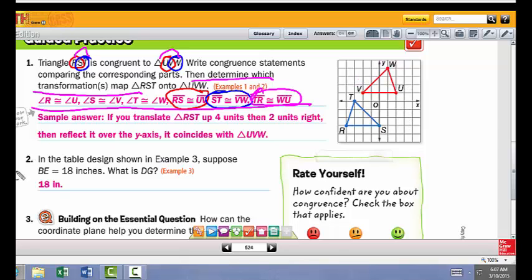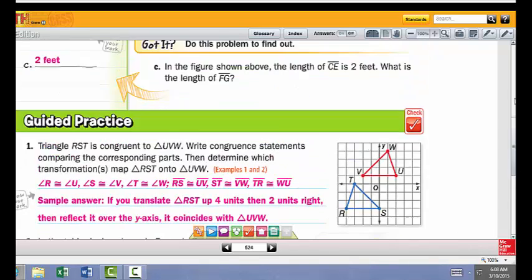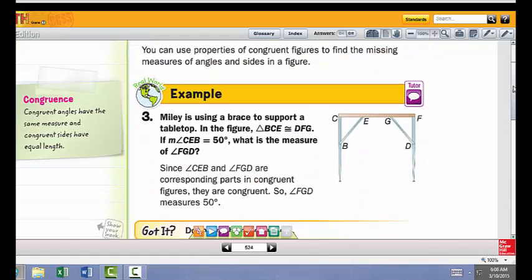Now let's take a look at problem number 2. In the table design shown in example 3, suppose BE is 18 inches. What is DG? So let's move up there. So BE, remember, is 8 inches. So they want BE, I think it said actually 18 inches, and they want GD.